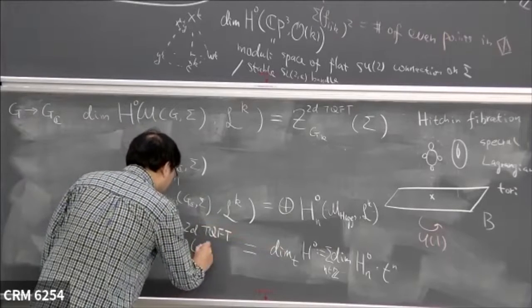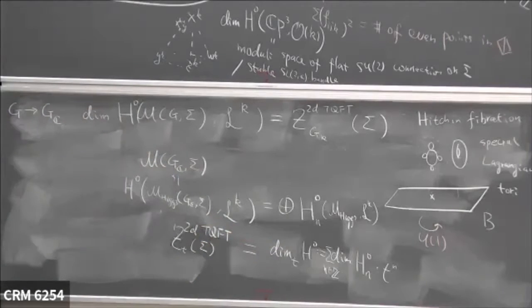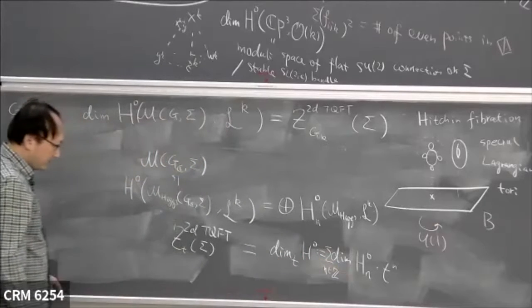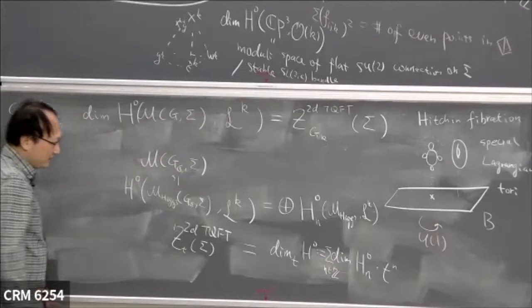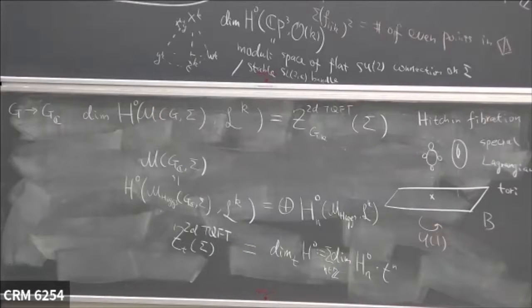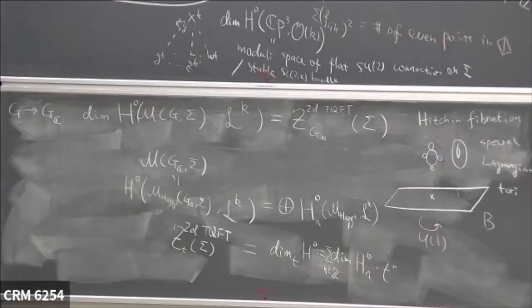And if you evaluate that on sigma, that's again giving you this graded dimension, this t-dimension. To tell you what this 2D TQFT is, I just need to tell you what is the commutative Frobenius algebra. I'm supposed to just take this and add t somewhere.